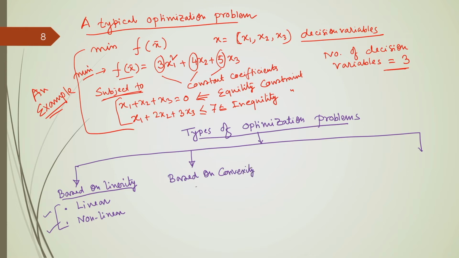Based on convexity, we can categorize into two types: one is called convex optimization problem, another is non-convex or concave optimization problem.